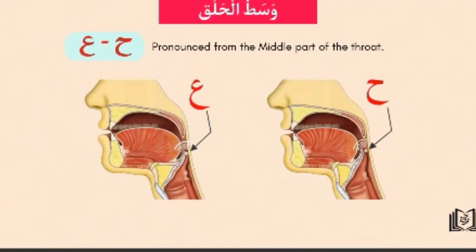Very good. More than vibration, when you are reciting these two alphabets, Ain and Ha, you will feel your throat touching your fingertip and going back. Can you see? Always when you are learning Tajweed, whenever you see any alphabet, try it immediately.